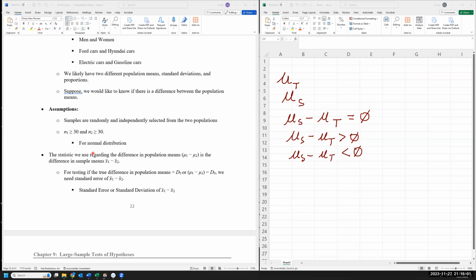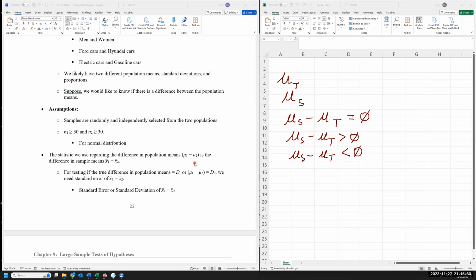So the population parameters are mu1 for population 1 minus mu2 for population 2. And the sample mean difference is x1 bar minus x2 bar. These sample mean differences are representative of the population mean differences.